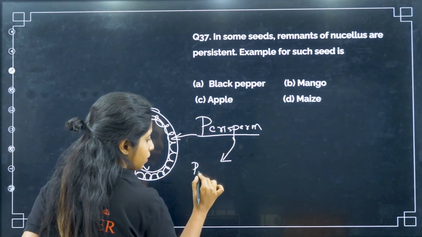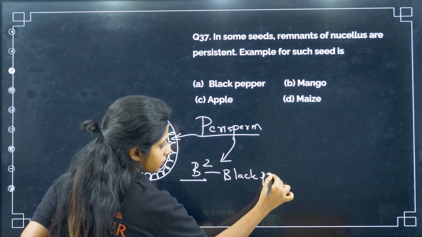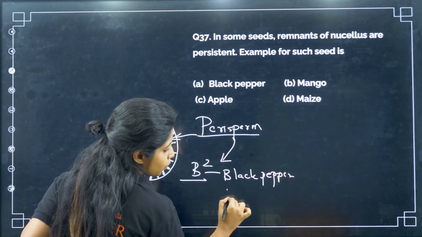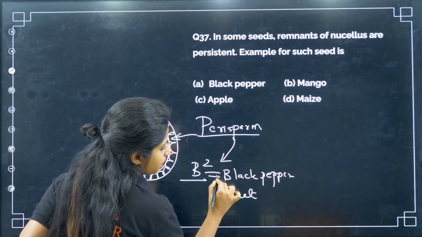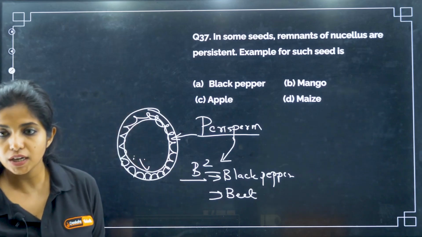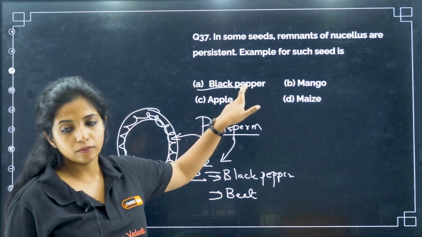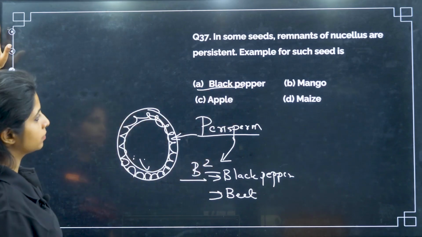Both are B square. That means black pepper and beet. So in some seeds, remnants of nucellus are persistent. Examples for such seeds are black pepper and beet. So over here one is given, so this becomes your answer.